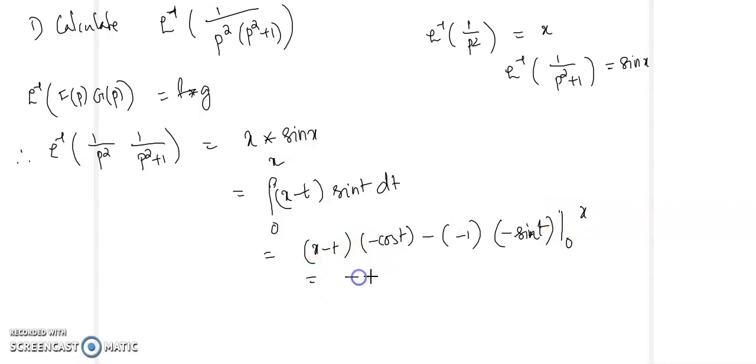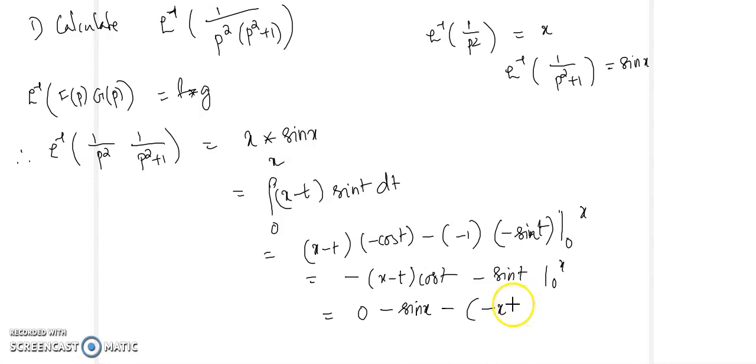So you will get minus of x minus t cos t minus sin t from 0 to x. So at x this will be 0. So you will get minus sin x. Then at 0, so you will get minus x.